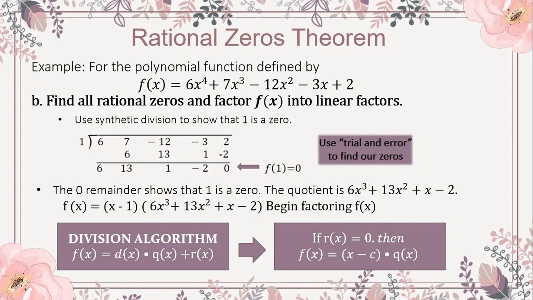If r of x is equal to 0, then we write it like this: f of x is equal to the quantity x minus c, our divisor, times q of x, our quotient, which is now f of x equal to the quantity x minus 1 times 6x cubed plus 13x squared plus x minus 2.